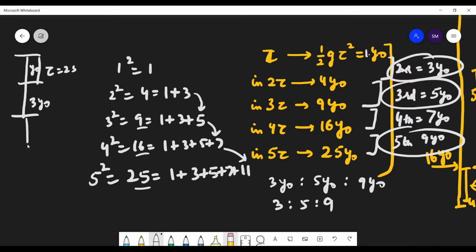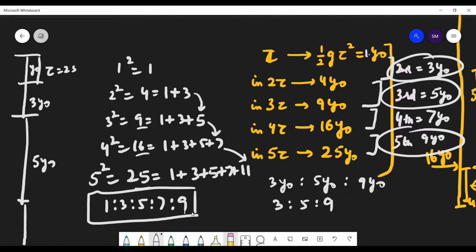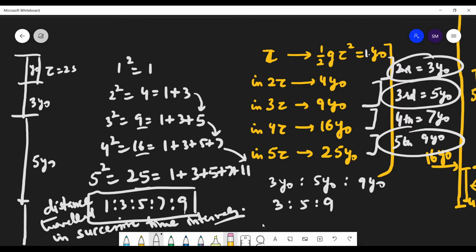In the third interval, it will be 5y naught. In the next interval, it will be 7y naught. And if you find the ratio, it will be 1 is to 3 is to 5 is to 7 is to 9. So this is the ratio of distances traveled in successive time intervals. Okay, very important concept. Definitely you are going to do it again at some point of time.